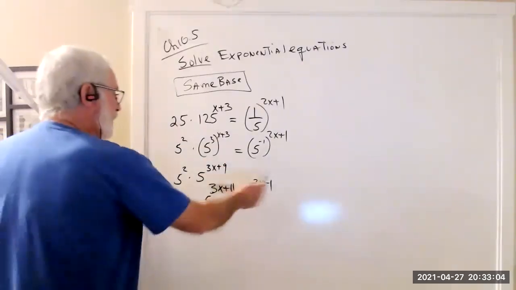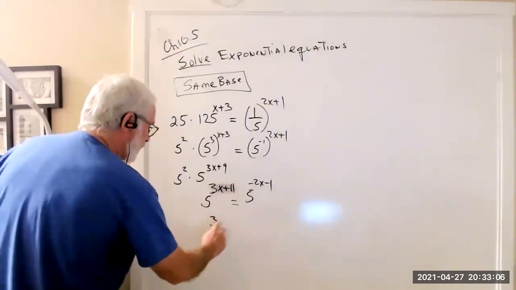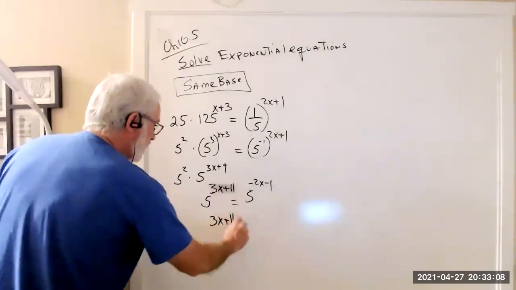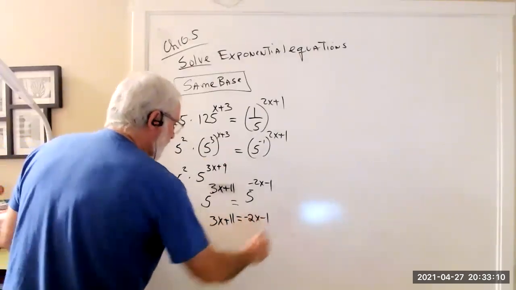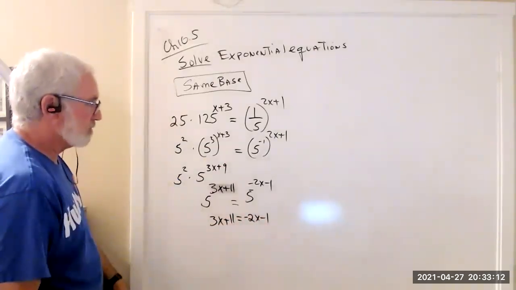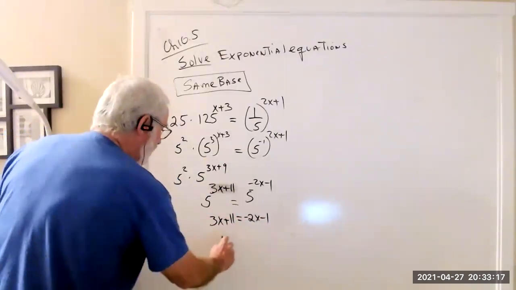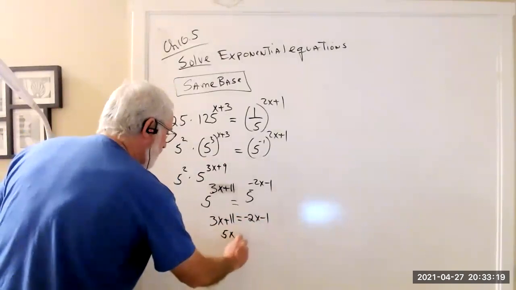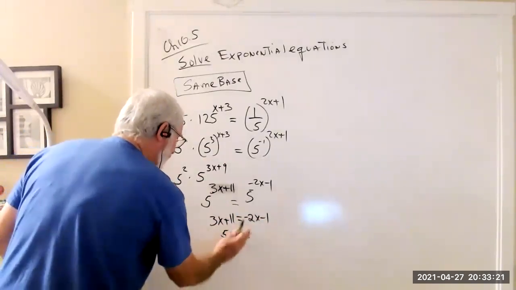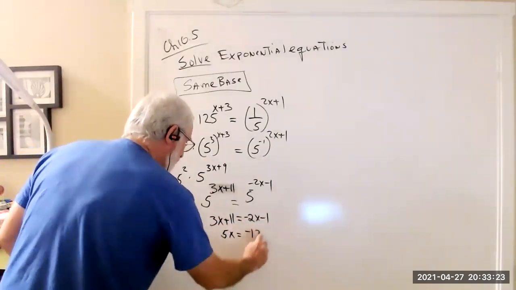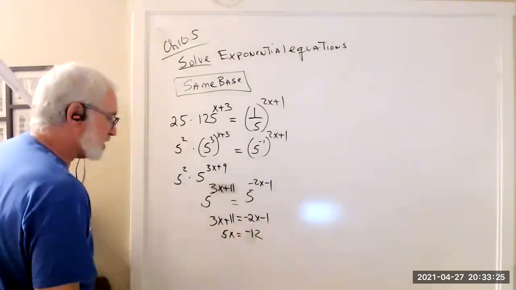At this point, we can drop the 5s and have 3x plus 11 equals negative 2x minus 1. Drop the 5s, and then try and solve this. What is this? 5x equals negative 12. Is that right? Take away 11 from both sides.